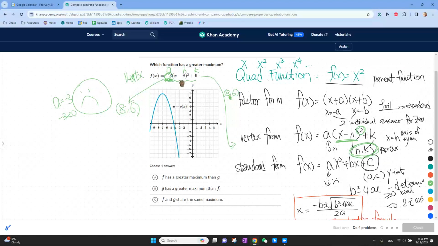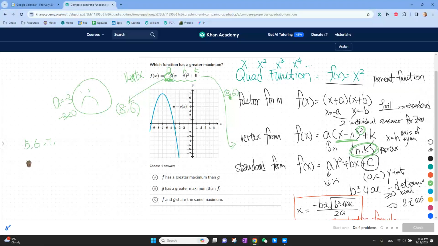Okay, so based on that, I have a vertex and I already have that. Great. Now let's take a look at where else I can draw. I'm going to have something estimated looking like this. But to be more accurate, let me find some points. I'm going to plug in 7. I'm also going to plug in 5. That's going to be easier.